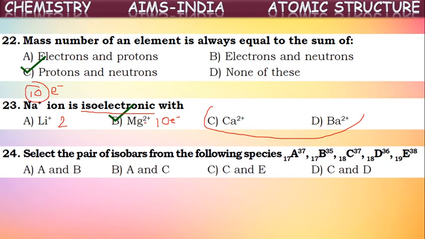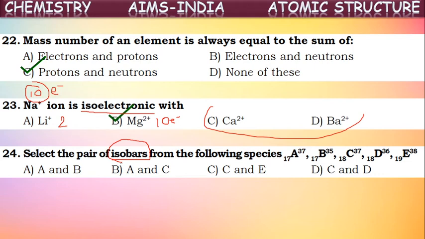Next, select the pair of isobars from the following species. So they're asking to find out the isobaric pair. What is meant by isobars? Isobars means the atoms with the same mass number but different atomic numbers. They should have the same mass number.